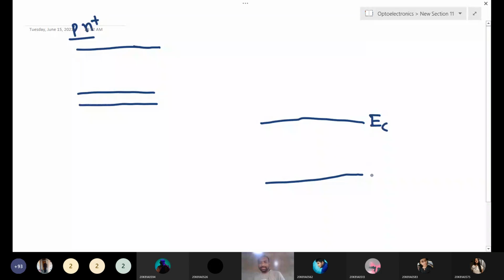But in our case we are taking an n plus region. Why? That means a highly doped semiconductor. What happened to the Fermi level?